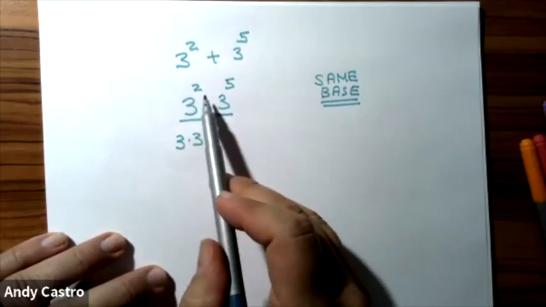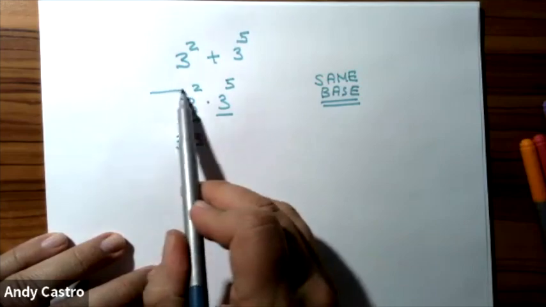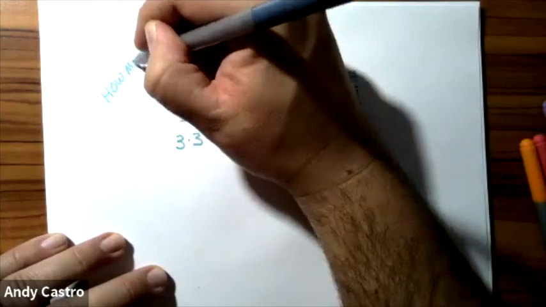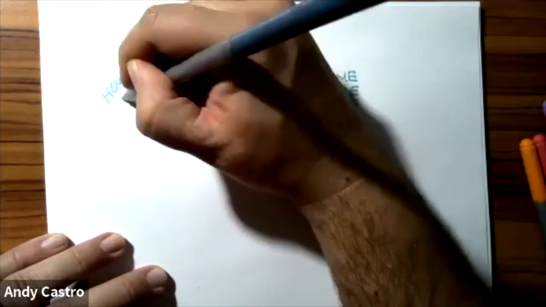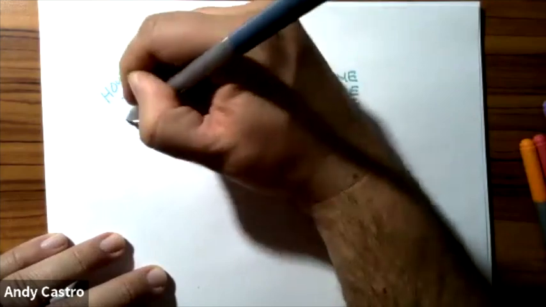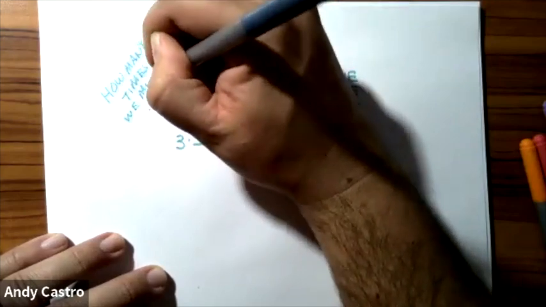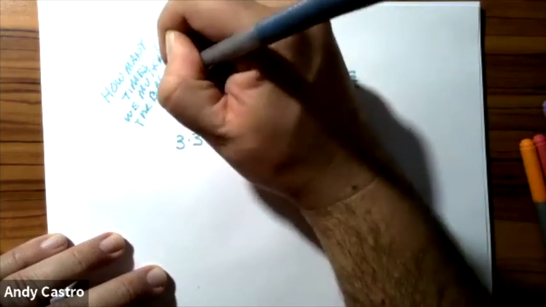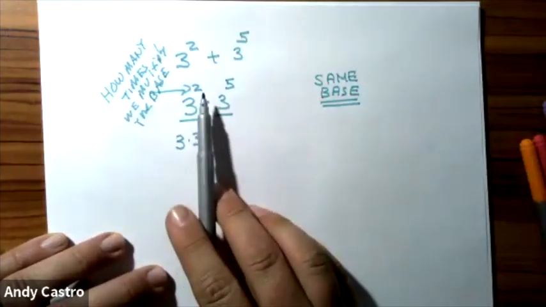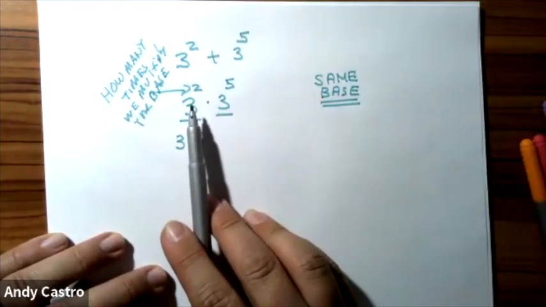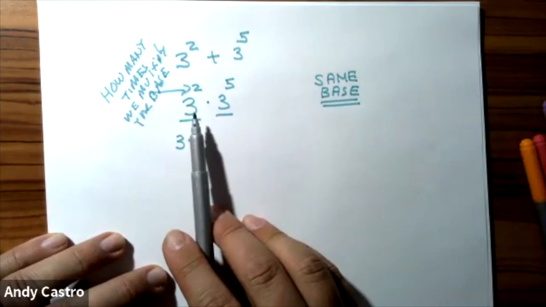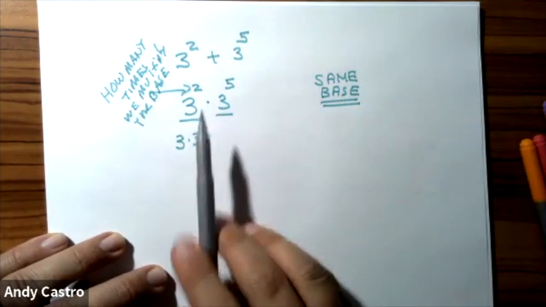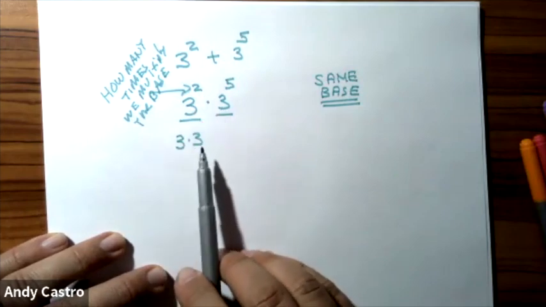The 2 up here, that exponent, means how many times we multiply the base. The base is 3, and we're going to multiply it 2 times. That's why 3 to the second power is 3 times 3.